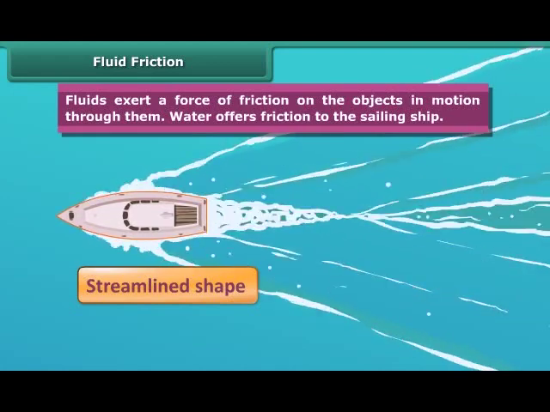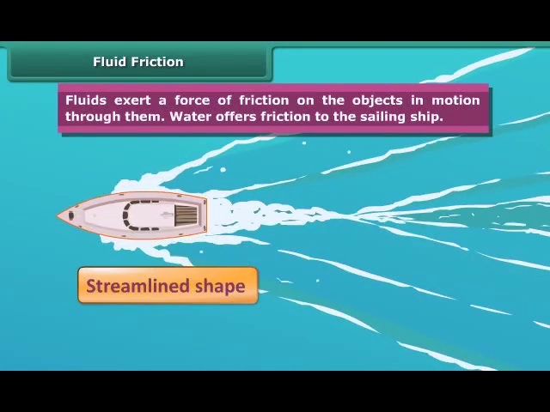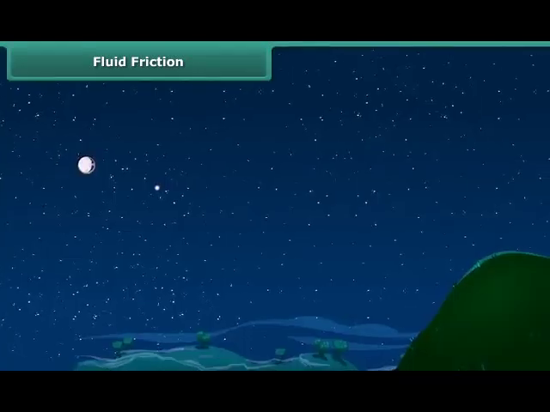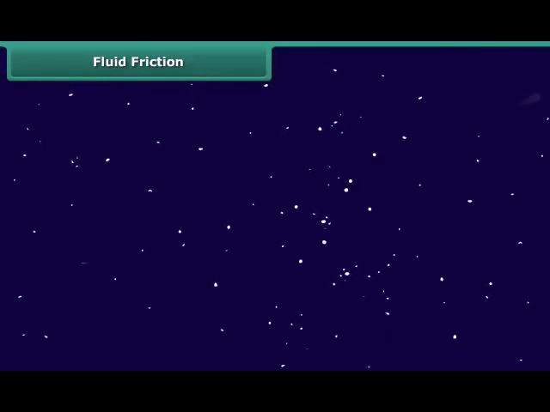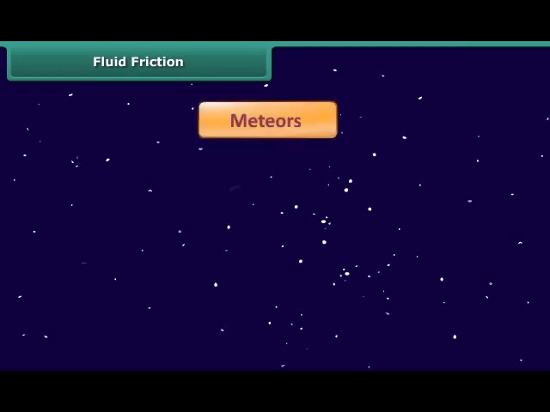Streamlined shape reduces friction from the fluid medium through which these objects move. Water offers friction to the sailing ship. In a clear night sky, the shooting stars can be seen. These are small pieces of rock material floating in space called meteors. Do you know why it catches fire?